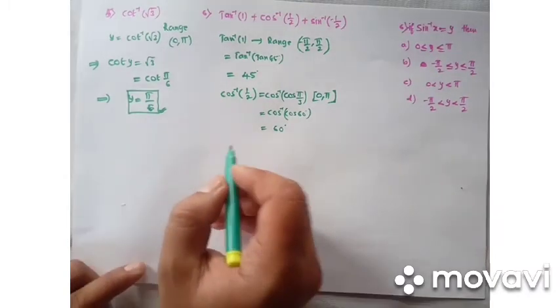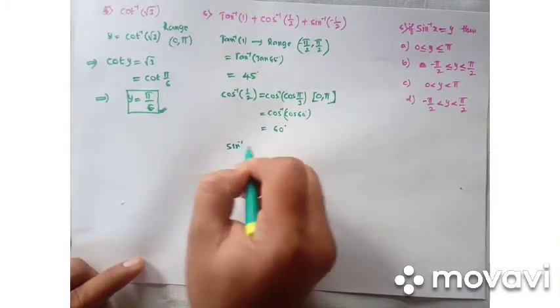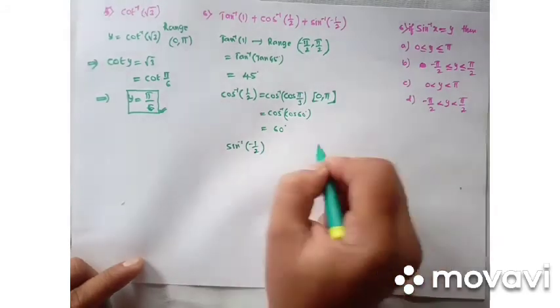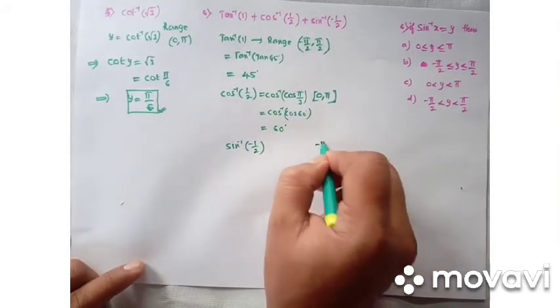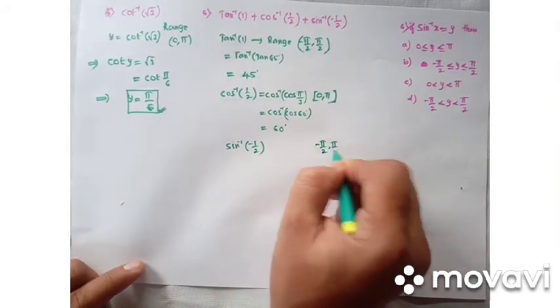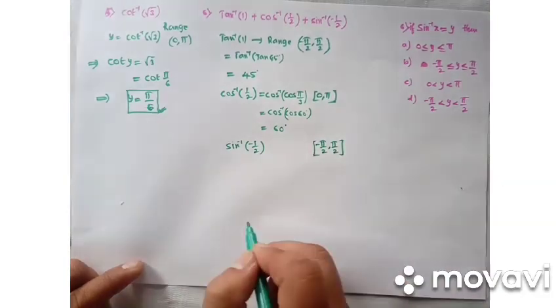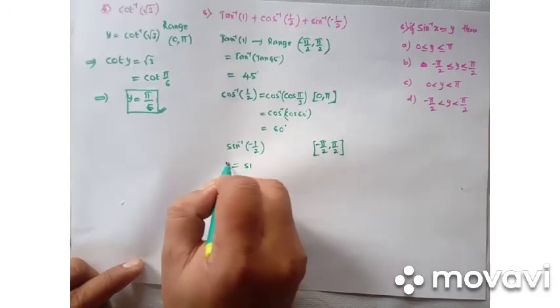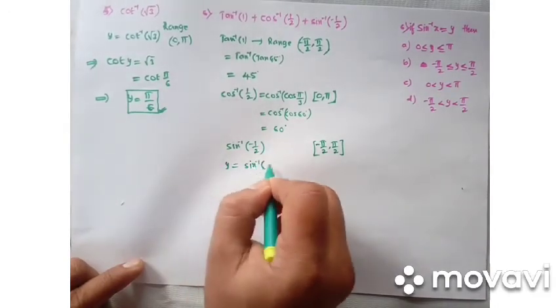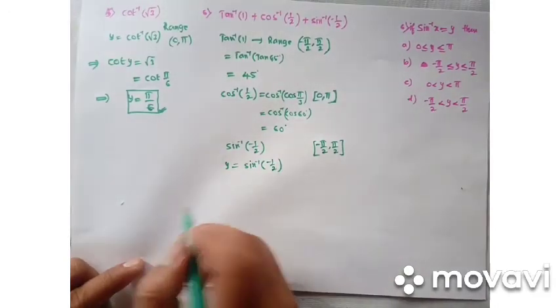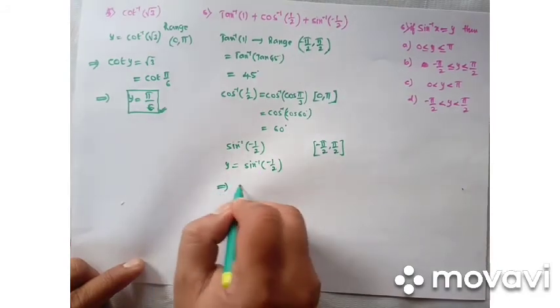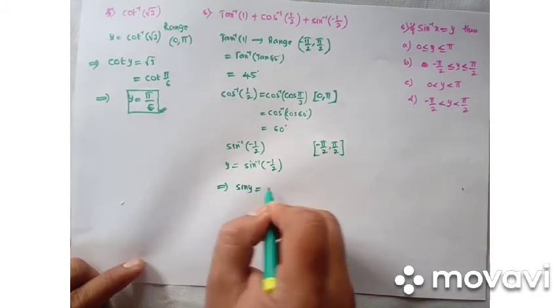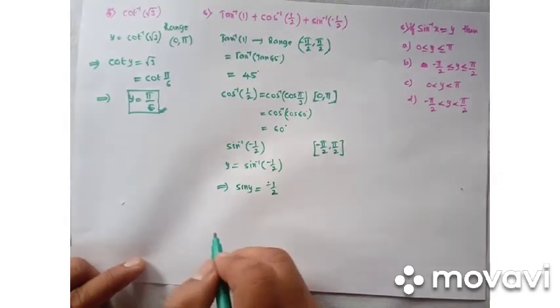Now coming to the third, sin inverse of minus 1 by 2. What is the range? The range is minus pi by 2 to plus pi by 2. Now we'll see here, sin inverse of minus 1 by 2, y is equals to, now sin y is equals to minus 1 by 2.